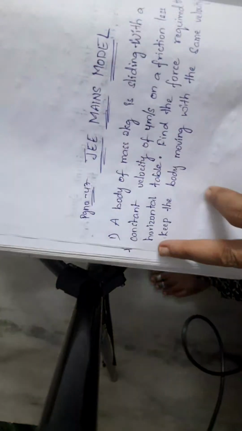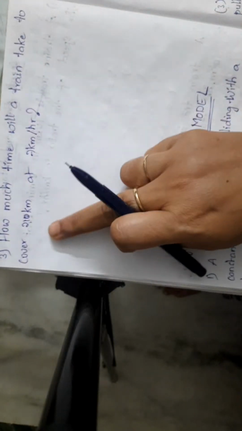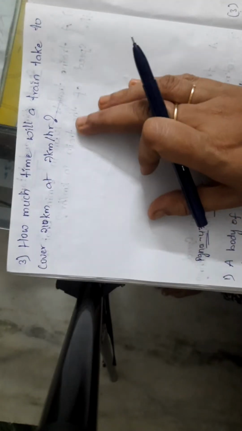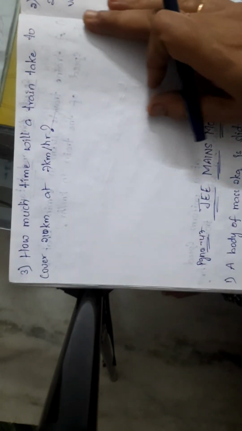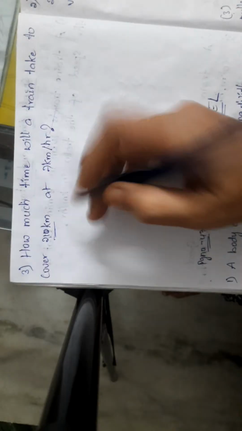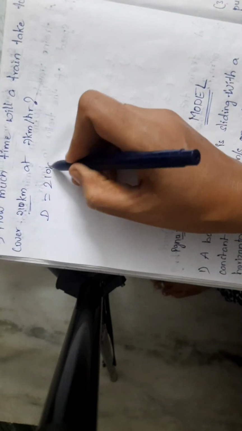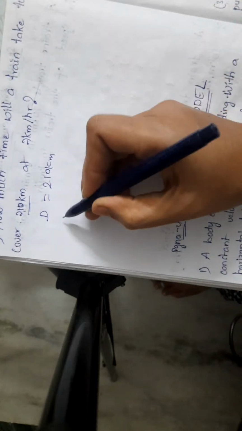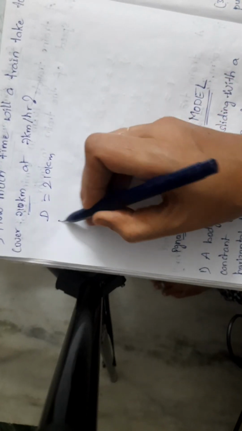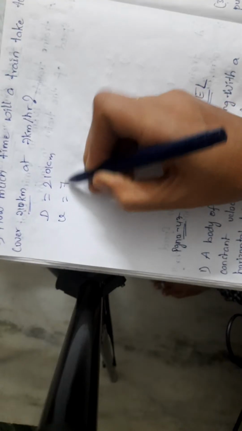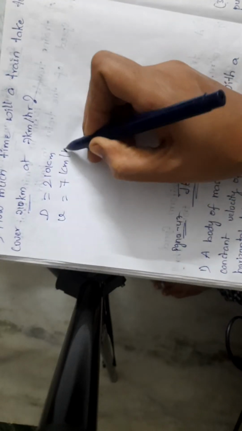Here in the next question it is given, how much time will a train take to cover 210 kilometer at 7 kilometer per hour? So again here distance is given, 210 kilometer, then speed is given 7 kilometer per hour.